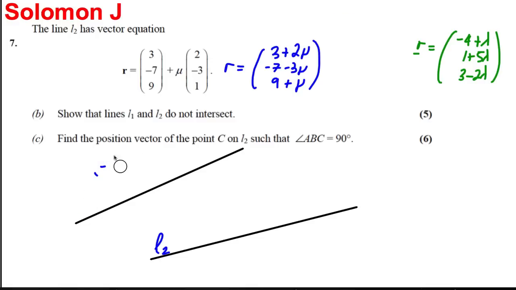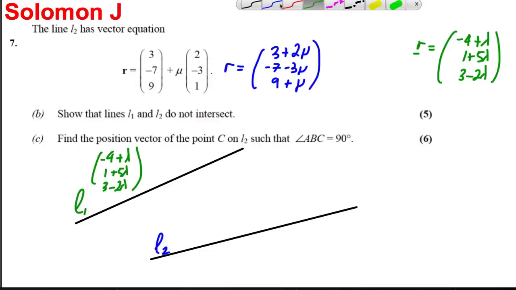Line 1, it's the green one, was negative 4 plus lambda, 1 plus 5 lambda, and 3 subtract 2 lambda. And line 2 over here was 3 plus 2 mu, negative 7 subtract 3 mu, and 9 plus mu.